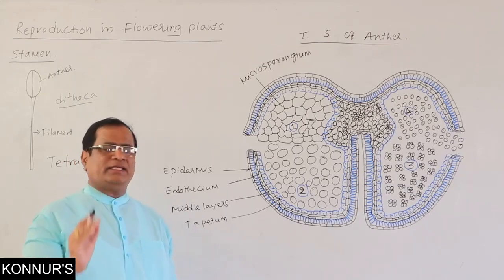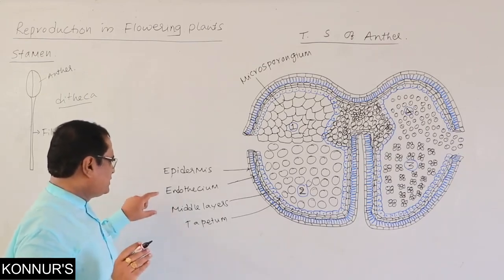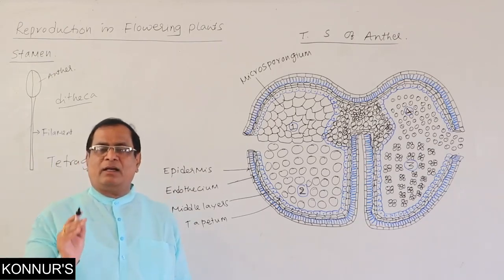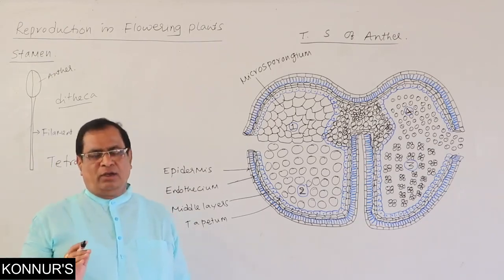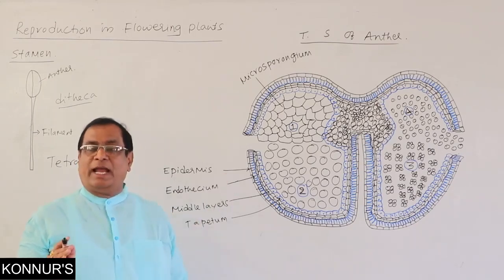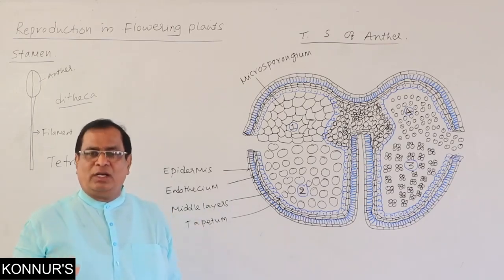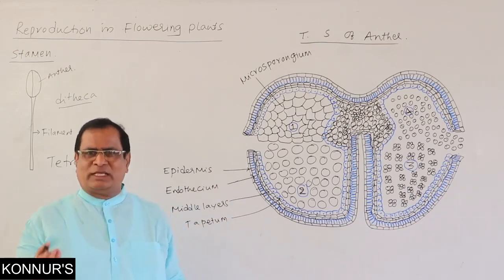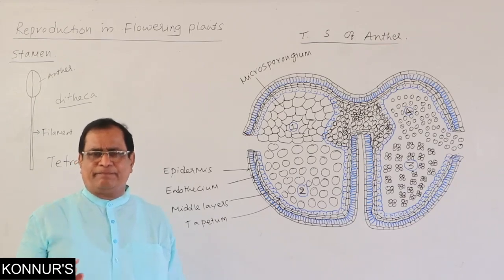Among these layers, the epidermis, endothecium and middle layers are meant for protection of microspores and also help in their dehiscence. Microspores are nothing but pollen grains.